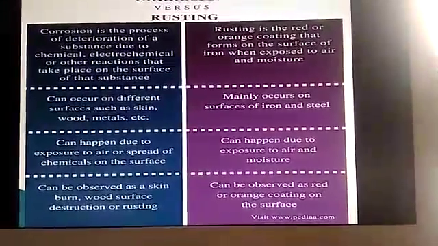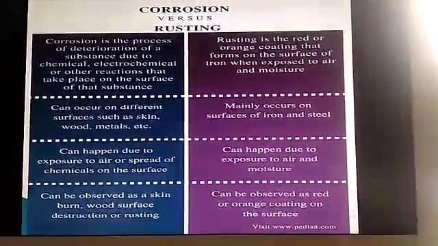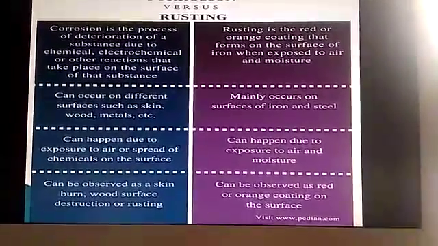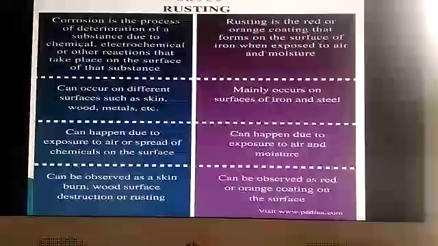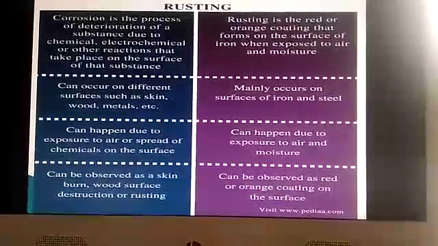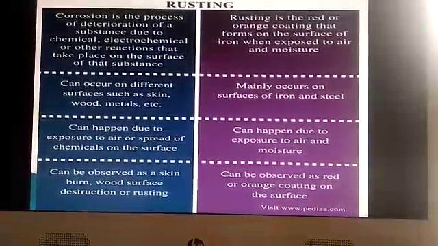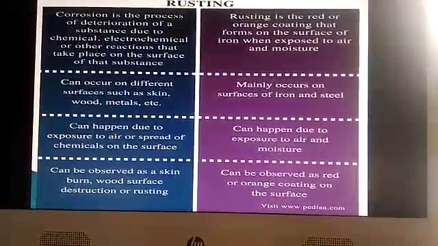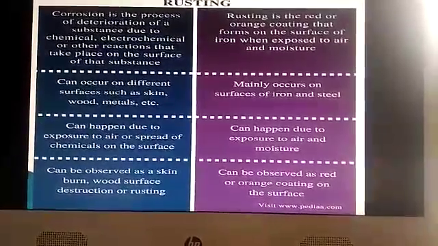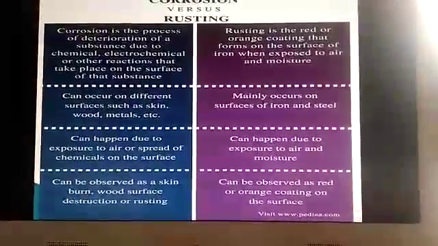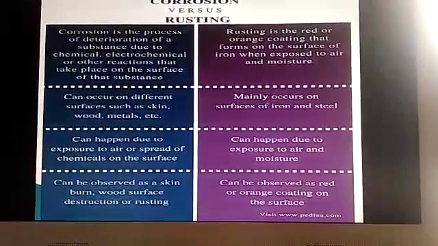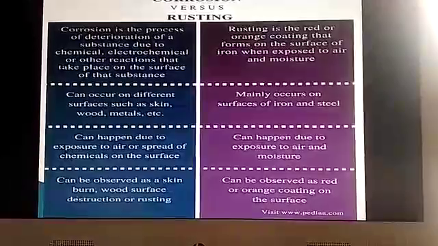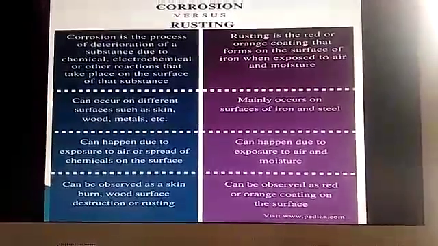See, the difference between corrosion and rusting. Corrosion is the process of deterioration of a substance due to chemical, electrochemical or other reactions that take place on the surface of that substance. Rusting is a red or orange coating that forms on the surface of iron when exposed to air and moisture.